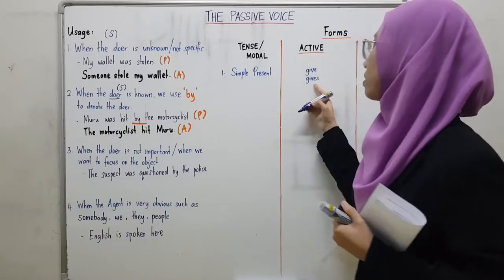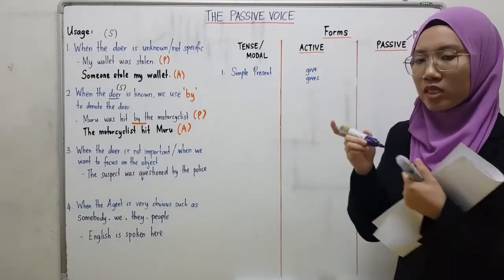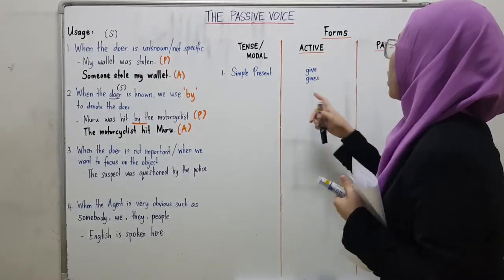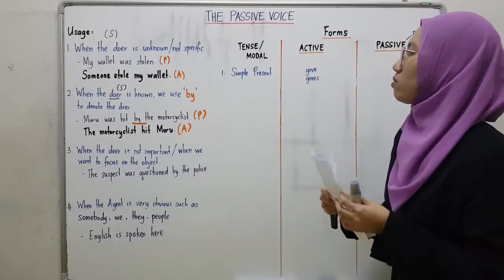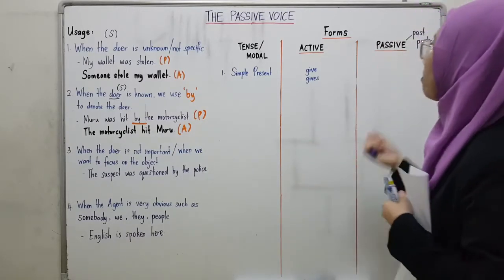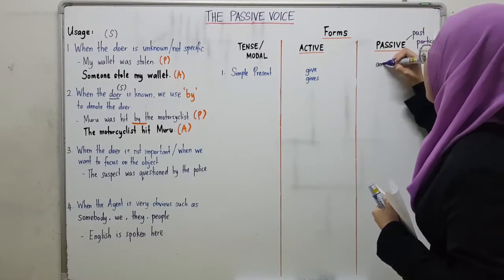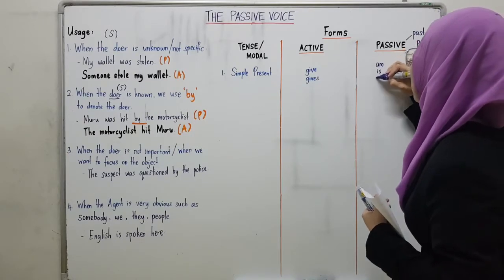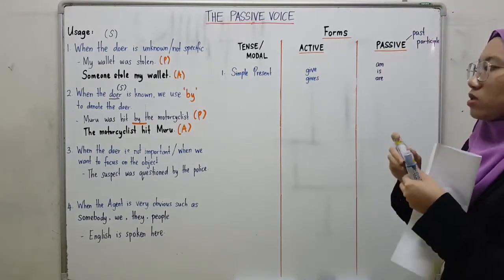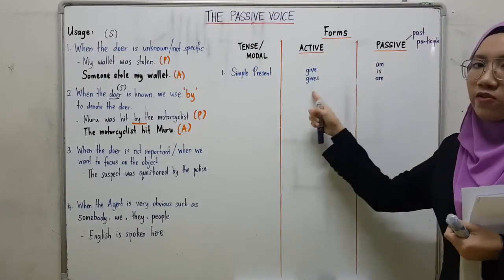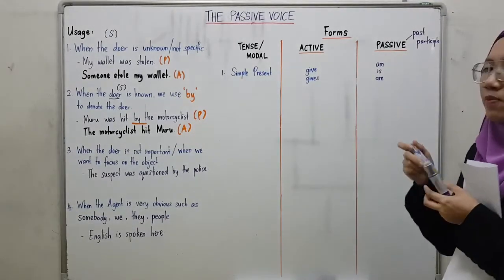The verb with an s is the singular verb. When you want to change into passive form, you first add am, is or are. So the past participle for give is what?